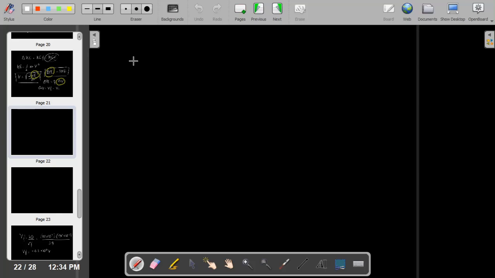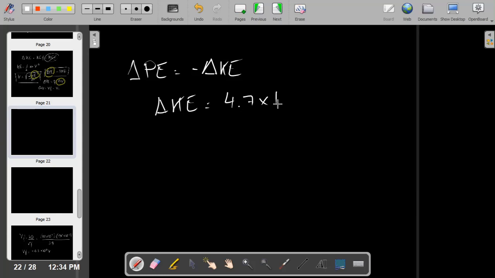My potential energy equals my kinetic energy with inverse signs, and I just found my potential energy. So my change in kinetic energy equals positive 4.7 times 10 to the 5 joules.